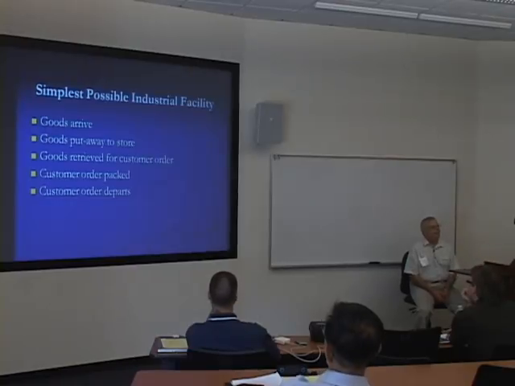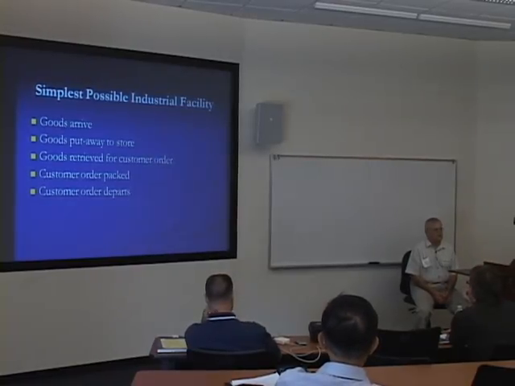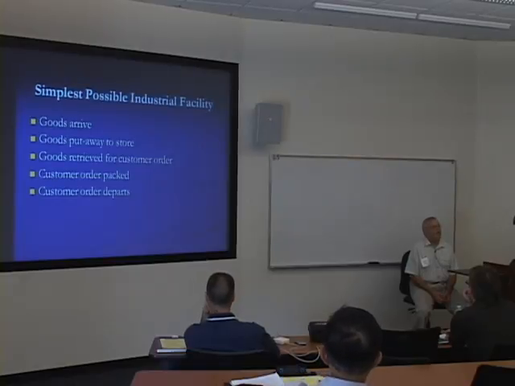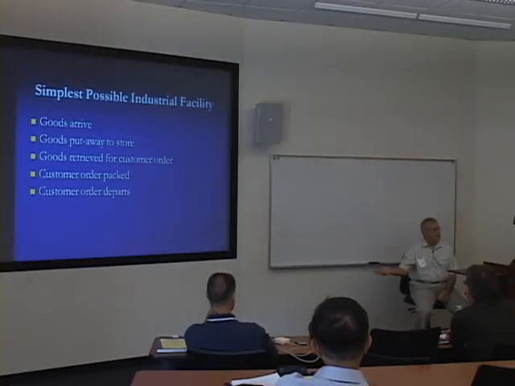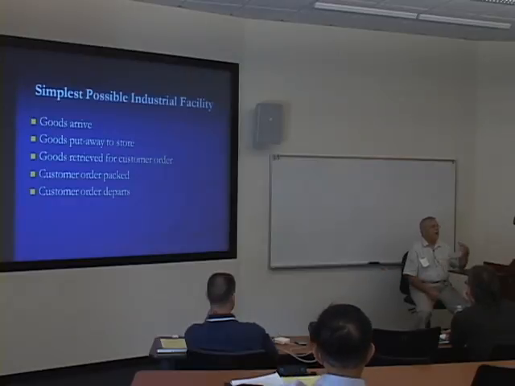All right, so it's really simple. In fact, I've often said that a warehouse is the simplest of all industrial facilities. I mean, if you can't design a warehouse, you can't design anything. And I used to say that because when I started the Keck Virtual Factory Lab, I chose two problems for us to work on. I chose warehousing because that's the simplest of all industrial systems, and semiconductor manufacturing because that seems like the most complex.